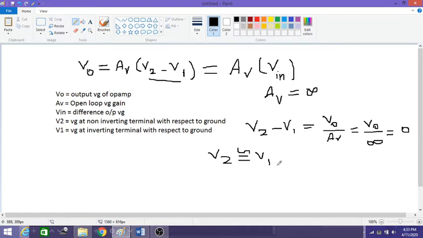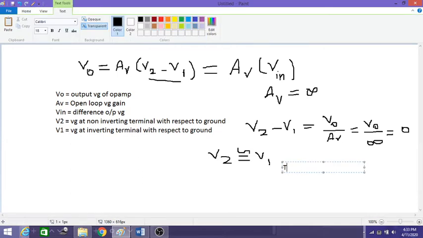This concept is called the virtual ground concept. Why is it called virtual ground?